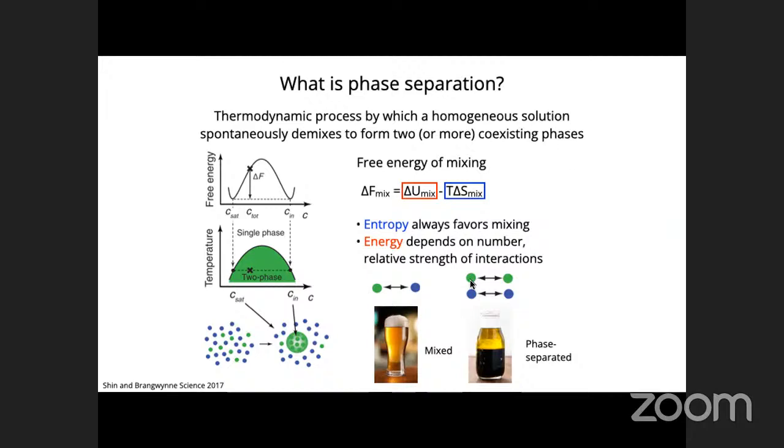And so what that means is that green, let's say oil is green and water is blue. So these interactions will be stronger and more favorable than this interaction. And so that will promote phase separation. But in the case of alcohol and water, it's not actually more favorable, it's about equally favorable. And so the entropy wins, and so it mixes.